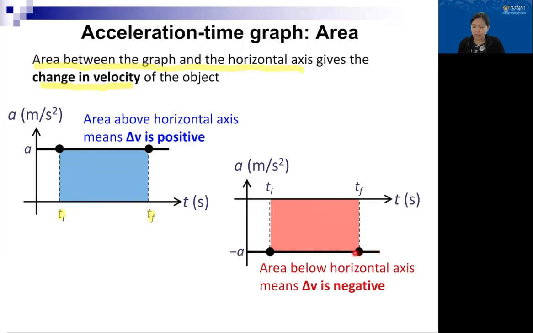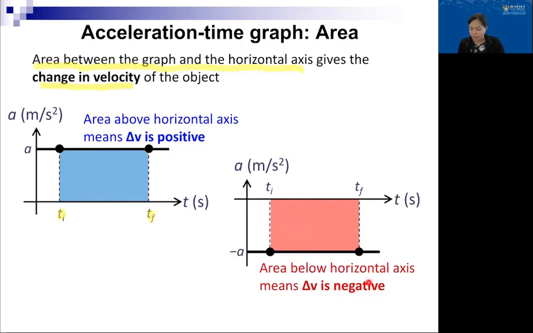If you wanted to find the change in velocity of this motion between the time intervals Ti and Tf, then you need to figure out the area between the acceleration graph and the horizontal axis. And that's this pink shaded area here. And this pink shaded area is below the horizontal axis. So that means that the change in velocity will be negative.